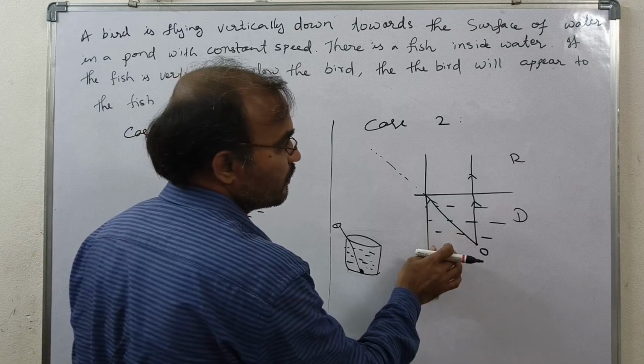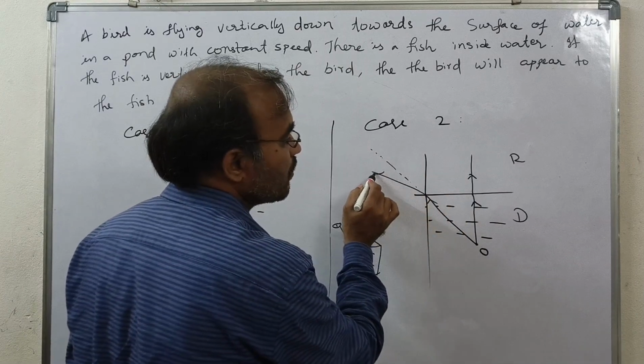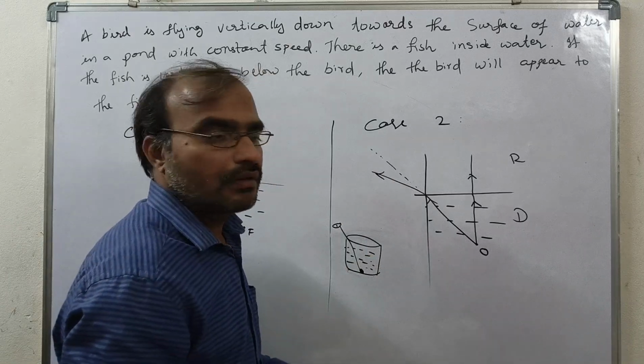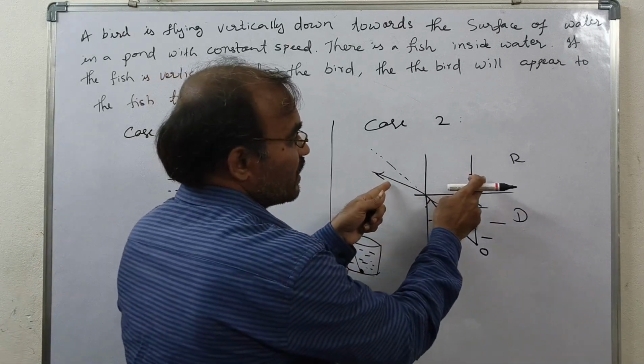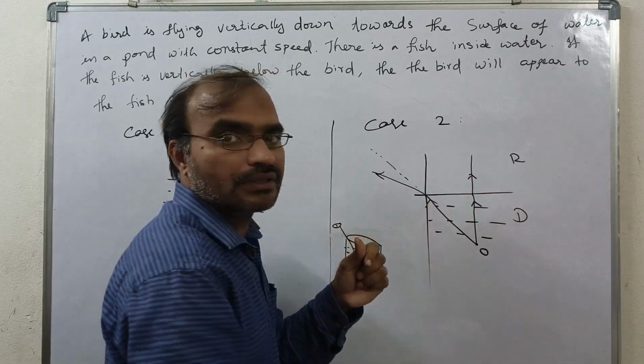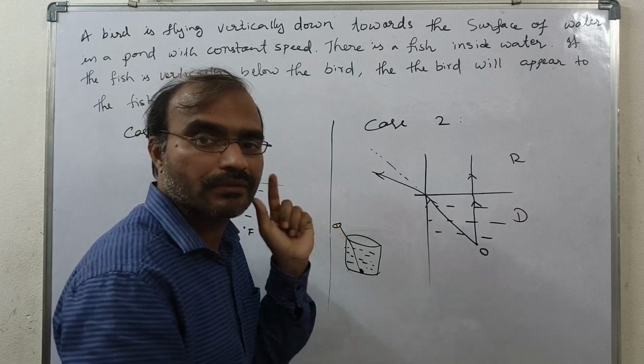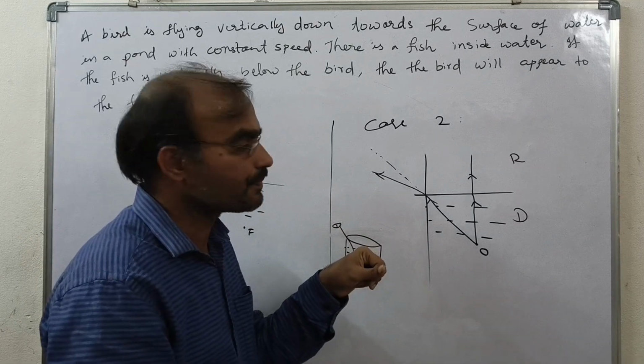Now, the light ray is going from denser to rarer medium, so it will bend away from the normal. Once again, if you observe the refracted rays, how are they? They are diverging. If any rays diverge, it means that they are coming from some point backside.